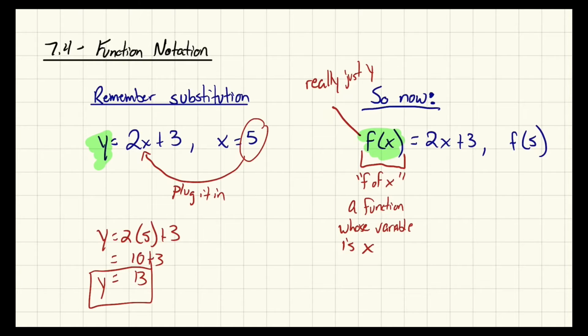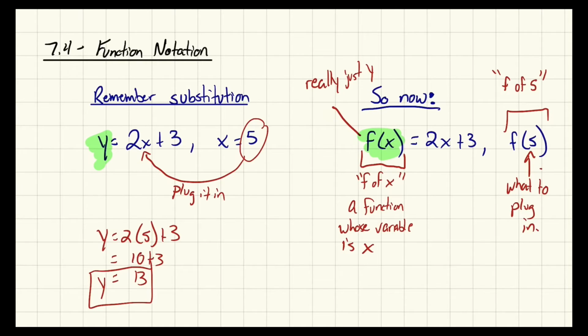Now, whenever we get this equation, notice that our equation for the problem, 2x plus 3, it's the same. We know that f of x and y are the same, so we essentially have the same problem. But now we are looking at this piece, which we would read as f of 5, and this basically is telling us what to plug in.